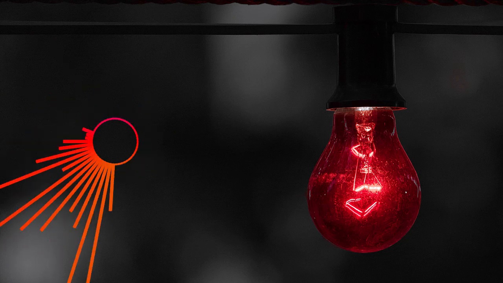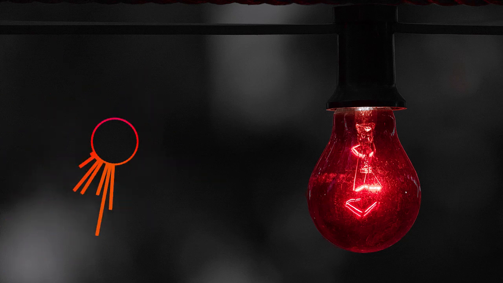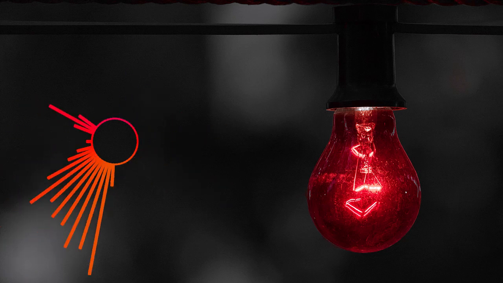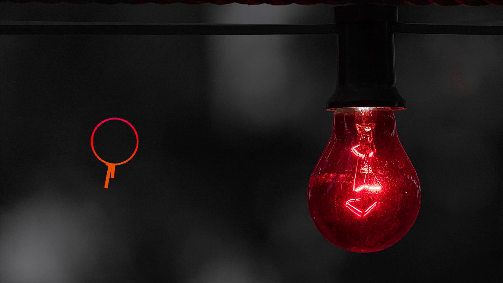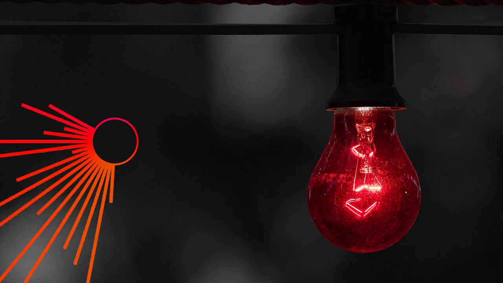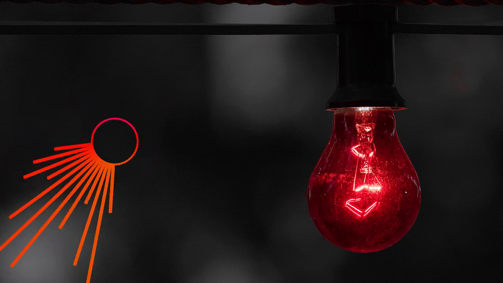Second is lumen output. How much light does the system actually produce? Third is wattage. How much electric power does it need to operate? Fourth is efficiency. How well does a system turn power into light? The more light using less power is a win.